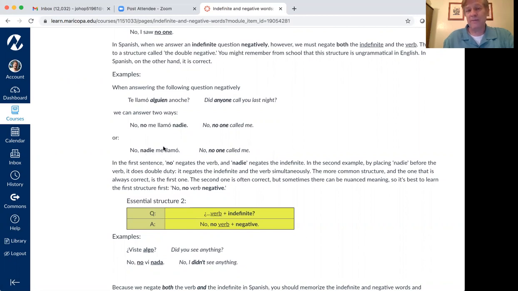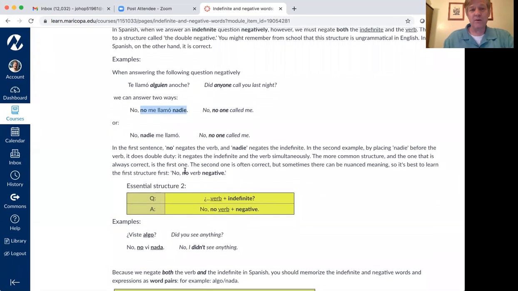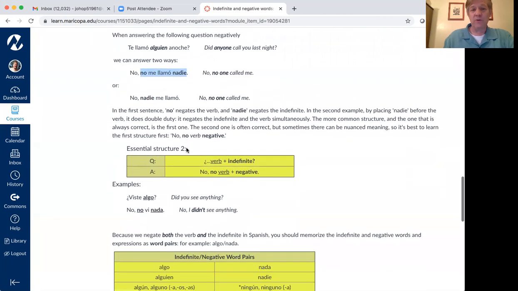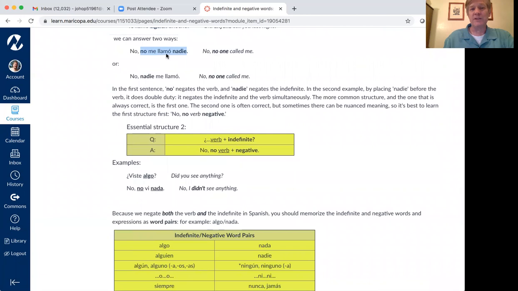Both are correct. If you need to focus on one structure, learn this double negative structure instead, simply because it's always correct. Whereas putting the indefinite in front of the verb sometimes has some stylistic restrictions. Not that it's incorrect, but this structure above is always correct. So if you want to economize, practice this one.